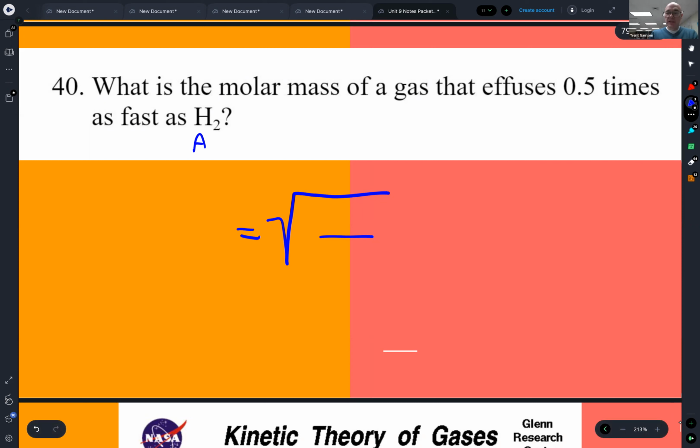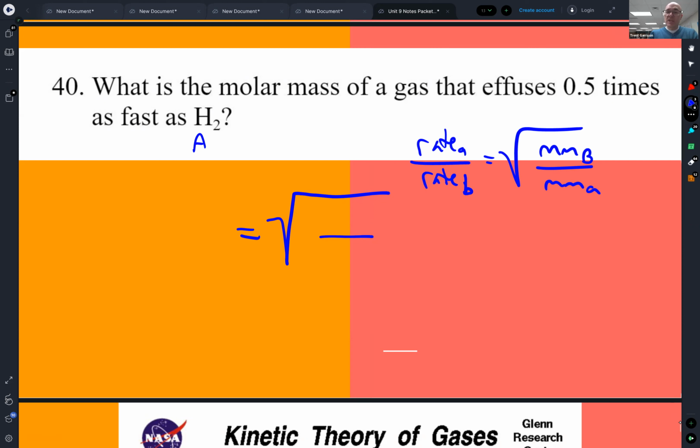Now, in the formula, it is the molar mass of B over the molar mass of A equals the rate of A over the rate of B. It says that this hydrogen effuses 0.5 times faster than the other material. So for every 0.5, the other one is going 1.